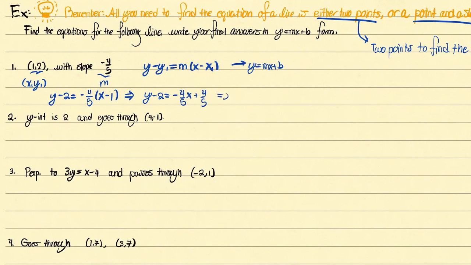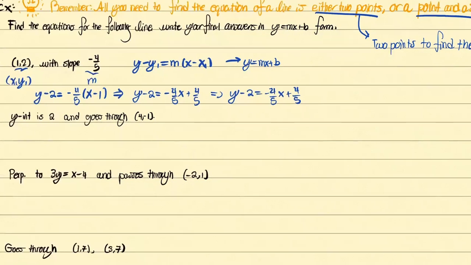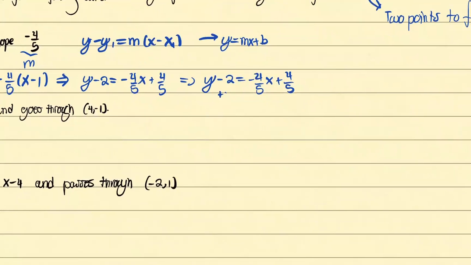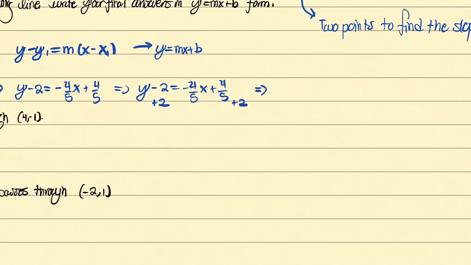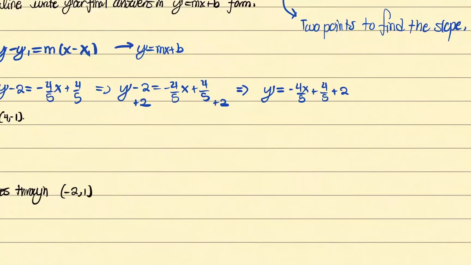So right now I have this equation. And what I need to do now is add this remaining 2. So right now my final answer is looking like this. And I can combine this 4/5 and 2.